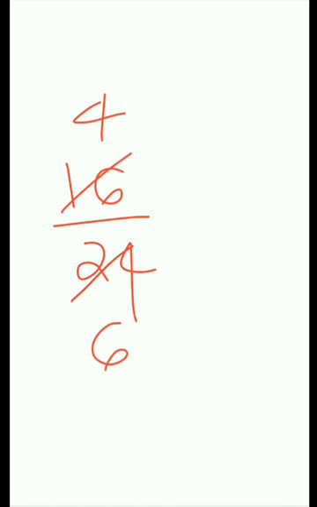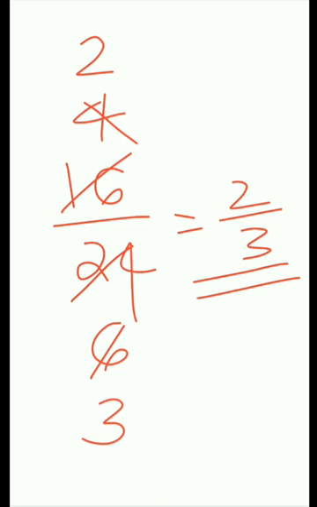Now 4 and 6 are again divisible by 2, so we can cancel 4 and 6 by 2. 2 twos are 4 and 3 twos are 6. Now we got the simplest fraction by cancelling 16 and 24 by 4 and 2. So you can do it this way also, by cancelling out the numerator and denominator by any of the common factors.